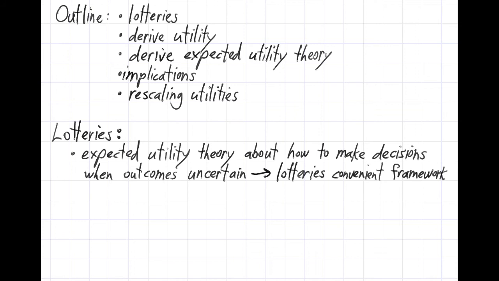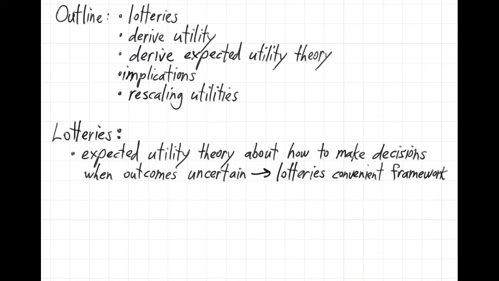Why are we even talking about expected utility theory? We'll get to what it is and how it's useful. But the reason we're talking about it is because it plays a big role in game theory when you're dealing with certain kinds of Nash equilibria and certain what you call mixed strategies.